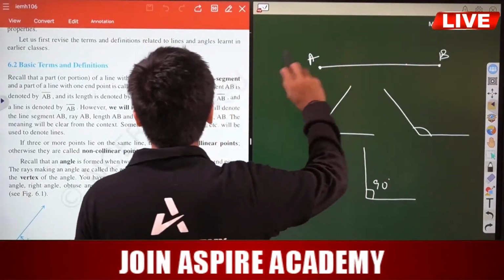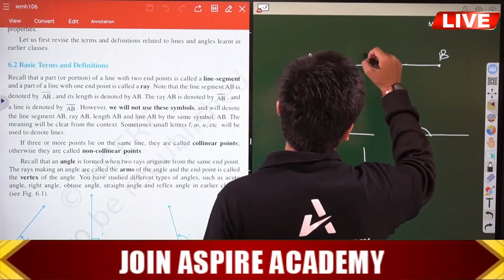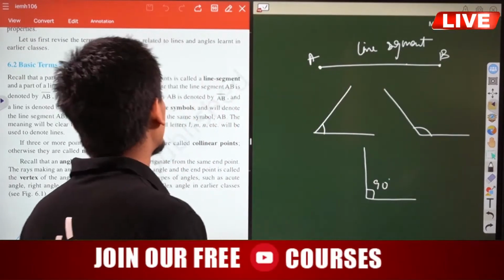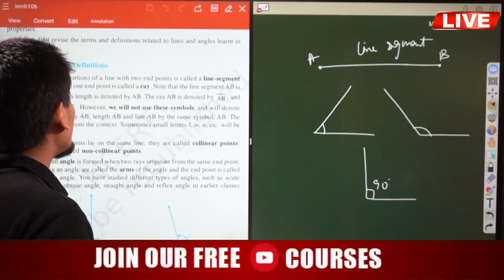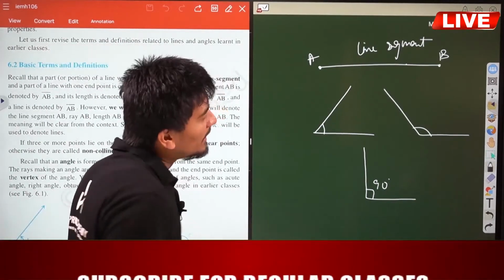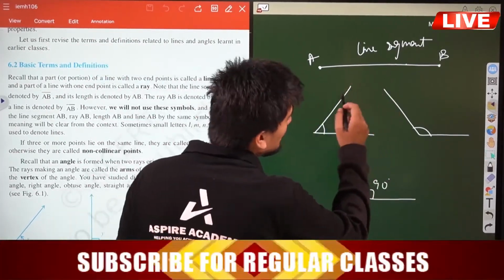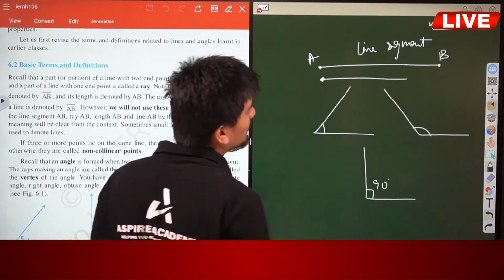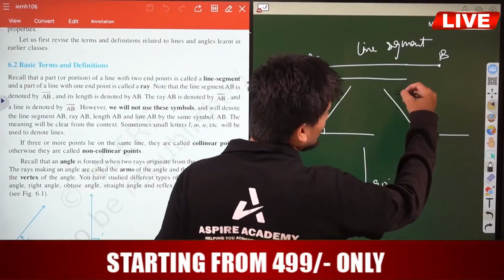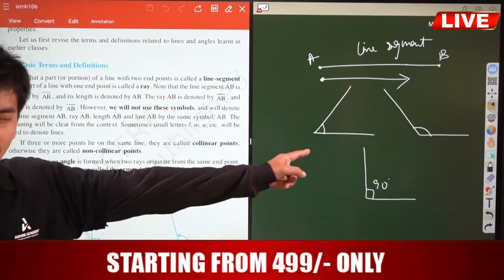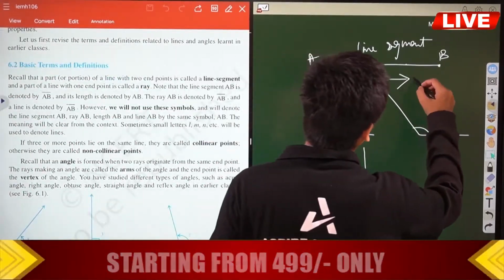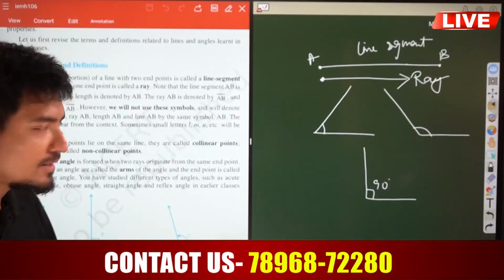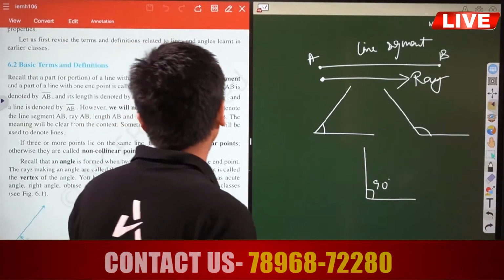If the line has only one end point and it goes on like this, we call it a ray.